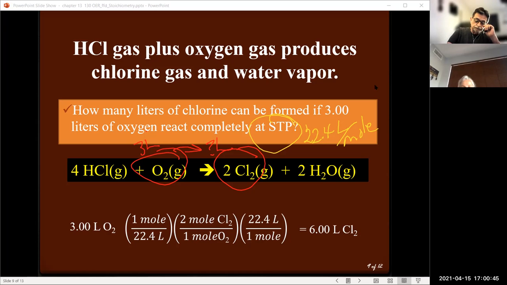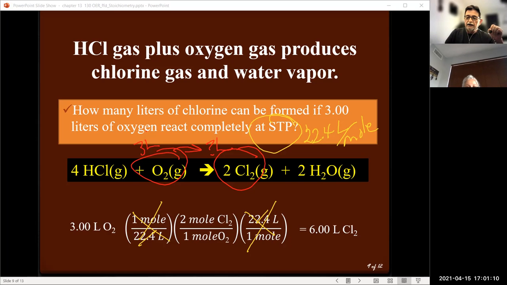Now, notice how the work was set up. Do you notice something there that you can simplify in this calculation? You notice that this 22.4 cancels that. And so I don't really need that, right?